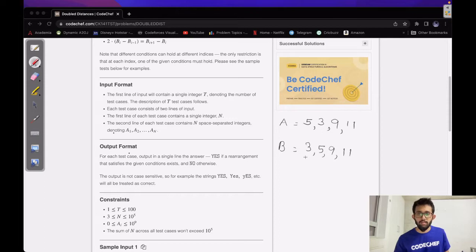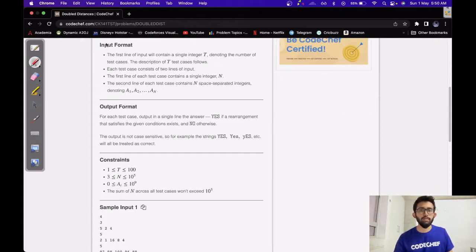We can see that the differences are 2, 4 and 2. You can see this is obtained by multiplying it by 2 and this is obtained by multiplying 2 by 2. So we see that there is a possible arrangement of these integers such that the conditions hold.